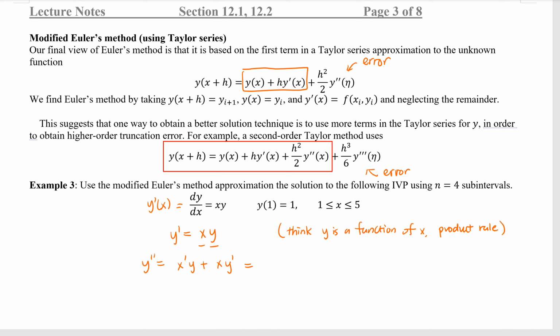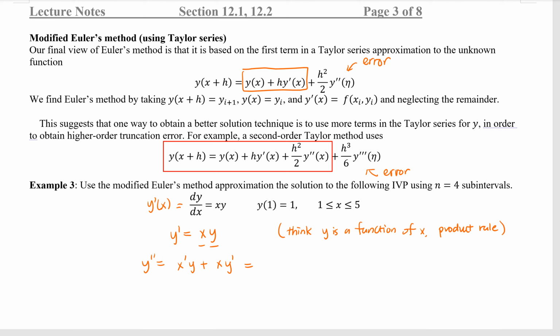I don't know whether you took Calculus 3 before. In Calculus 3, we talk about partial derivatives. For the partial derivative with respect to x, we view x as the variable and y as a constant. When we're looking for the partial derivative with respect to y, we consider y the variable and x the constant. But here it's different. We consider y also a function of x.